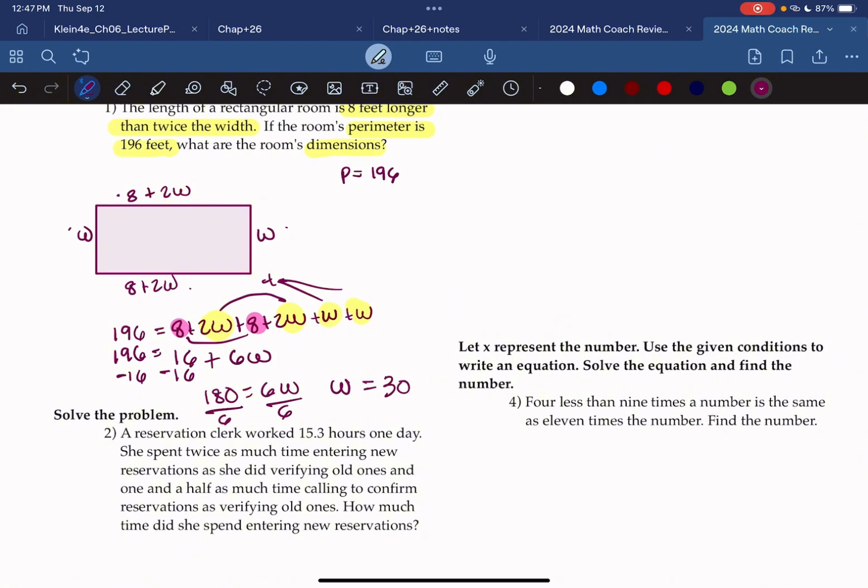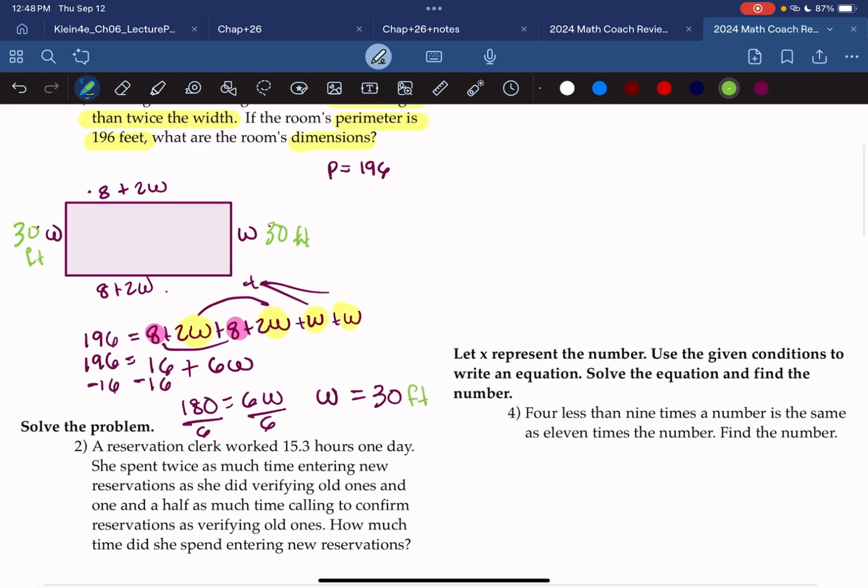So the width is going to be 30 what? 30 feet, because you can't forget your units. So that's the width. Now let's solve for the length. In order to solve for the length, we input our answer into this equation: 8 plus 2 times w.